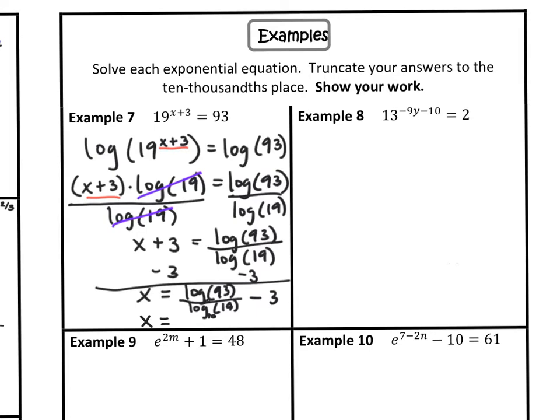And I'll fix that in example 8. But you should get a decimal answer of negative 1.4606.